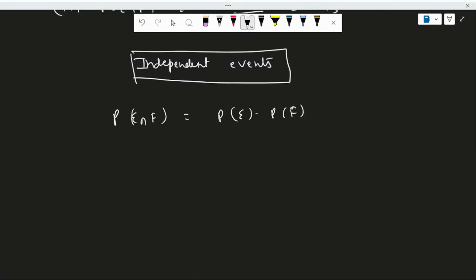Any such events, when the probability of the intersection is the product of the individual probabilities, then we call them independent events.